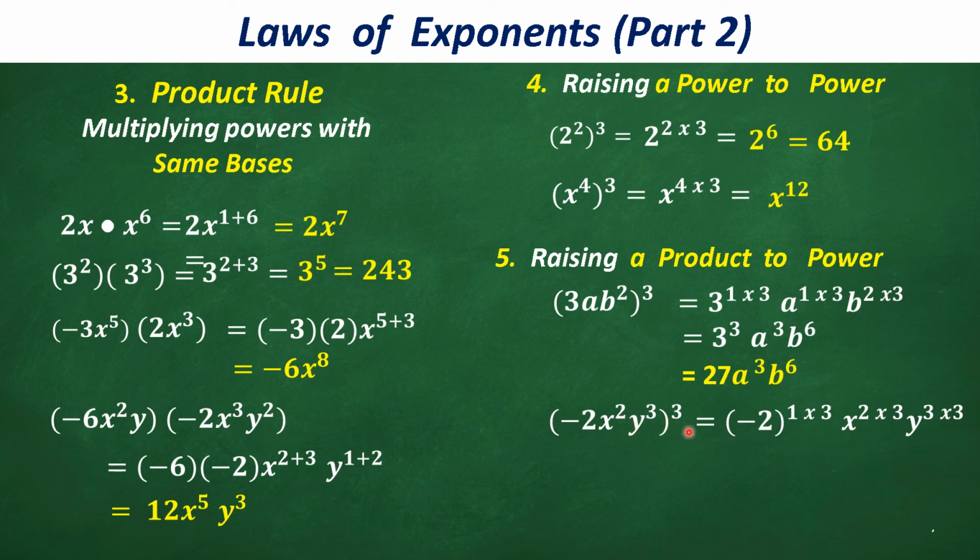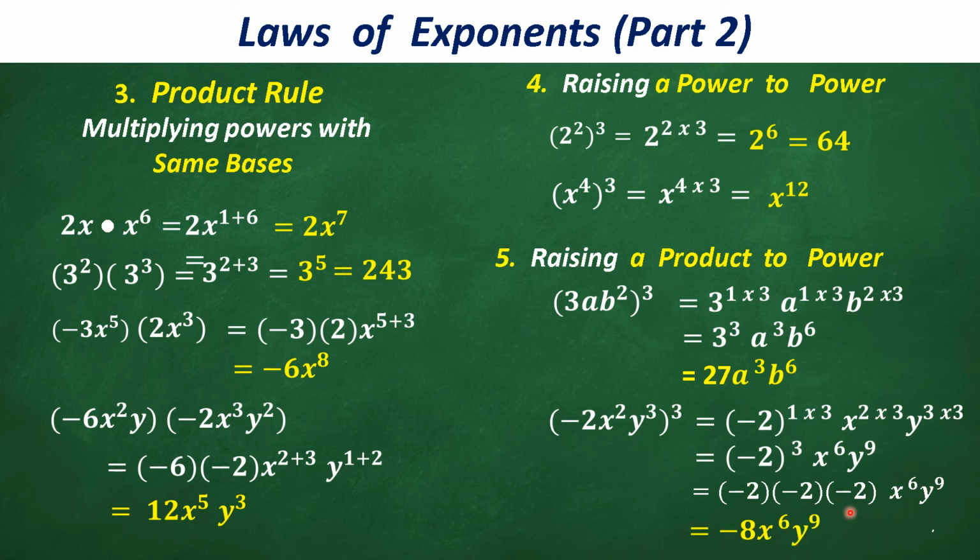Then, copy the base y, i-multiply yung exponent na 3 kay 3. Then, we have now negative 2 raised to the 3rd power, x raised to the 6th power, and y raised to the 9th power. And then, let us now simplify. Negative 2 raised to the 3rd power is equal to negative 2 times negative 2 times negative 2. So, we have negative 8x to the 6th power, y to the 9th power.